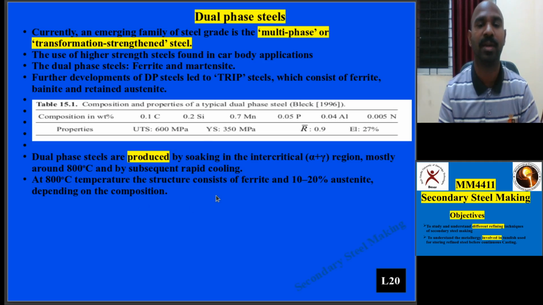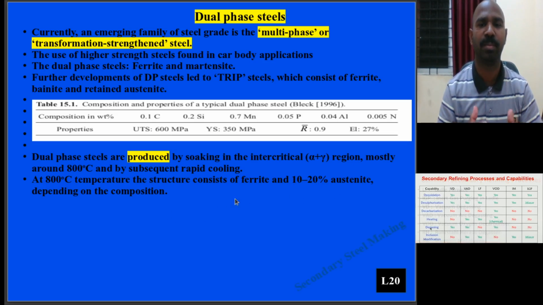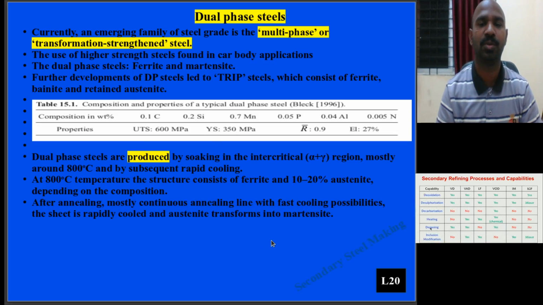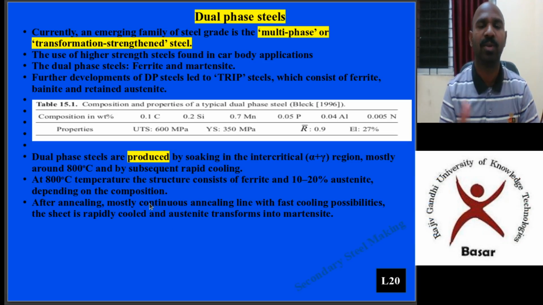Around 800 degrees Celsius temperature, it is initially ferrite and 10 to 20% of austenite, and this particular austenite is converted into the martensite, and after this particular continuous annealing, soaking of around 1 hour, it is been rapidly cooled.